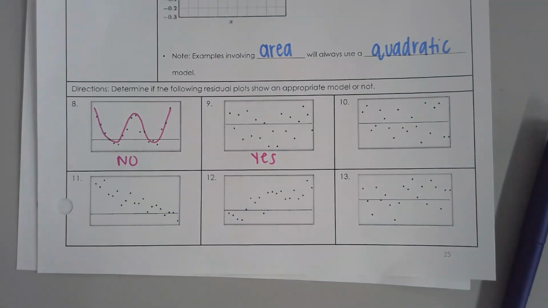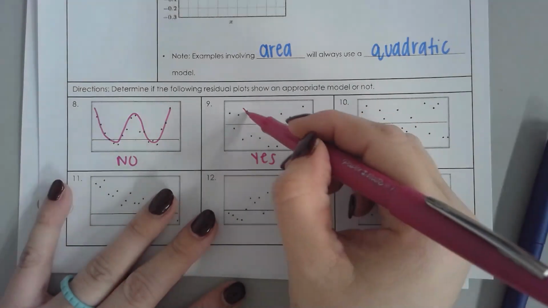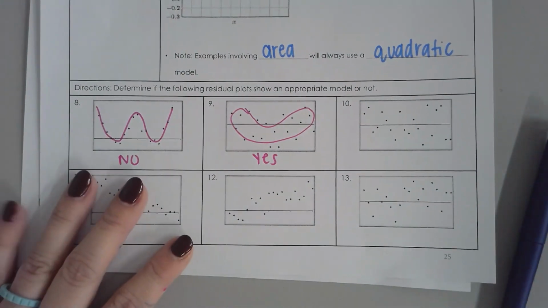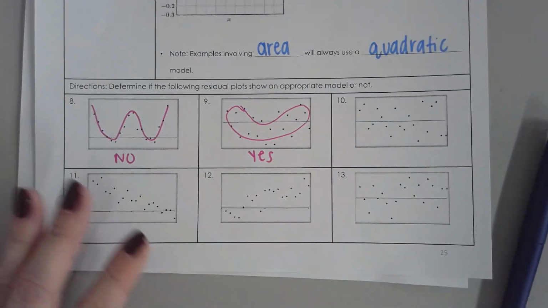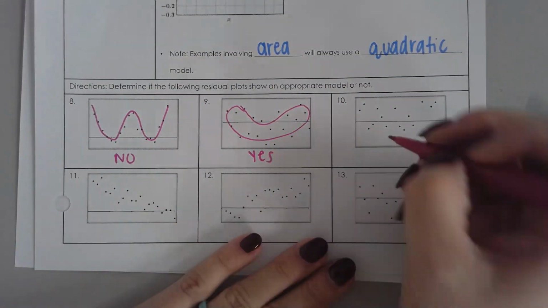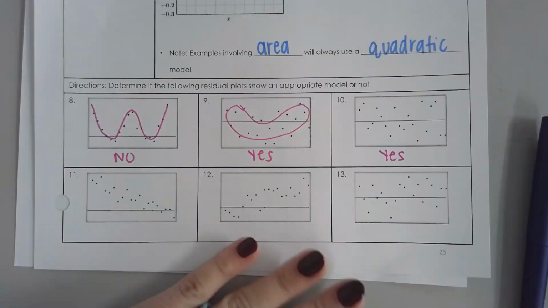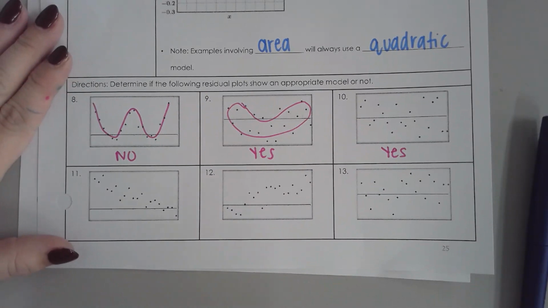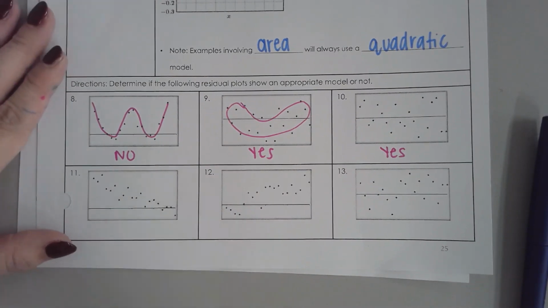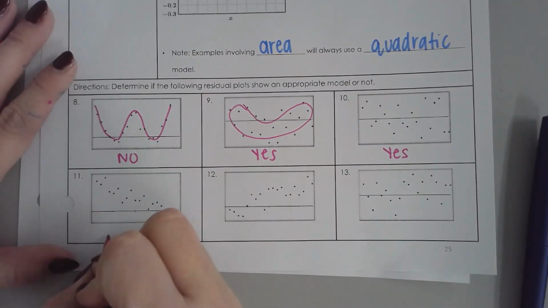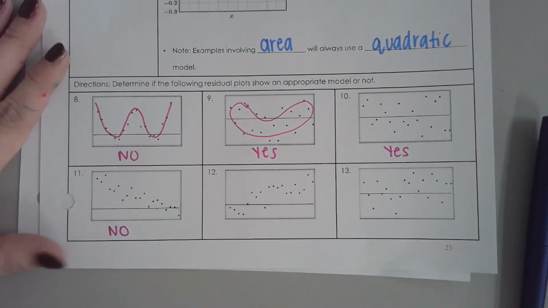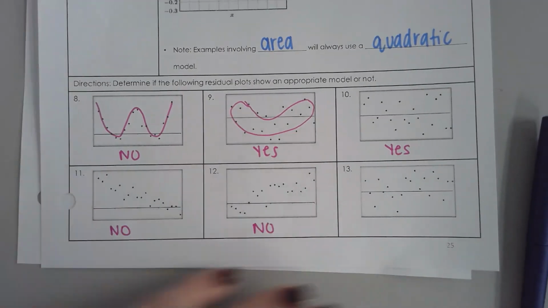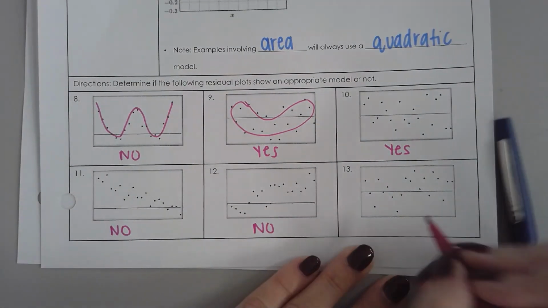Like I said, if you study it, you could say it's kind of like that, but no, I would not call that a pattern. Number 10? I would say yes, that's appropriate. No pattern, it's appropriate. 11? I would say no. 12? I would say no. 13? I put yes on that one.